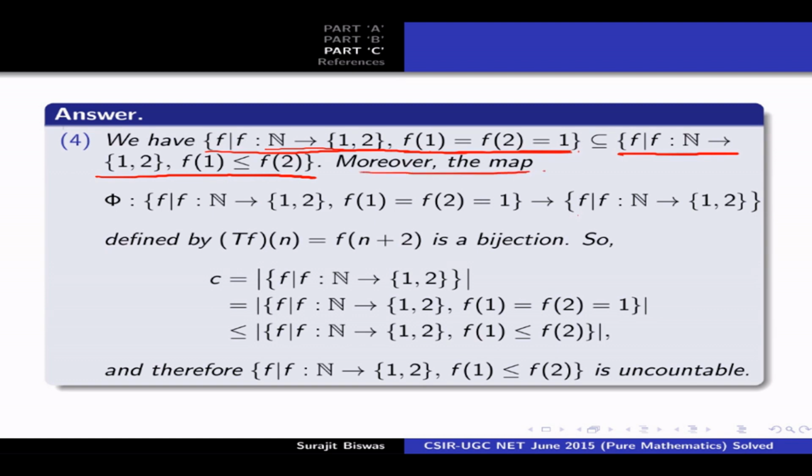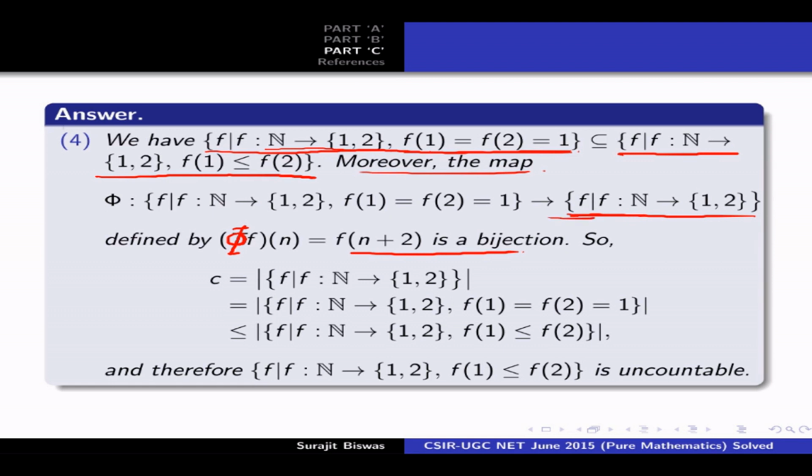Moreover, the map capital Phi is defined by, here is a typo, it should be, phi of f acting on n equals f of n plus 2, and one can show that this map phi is a bijection.